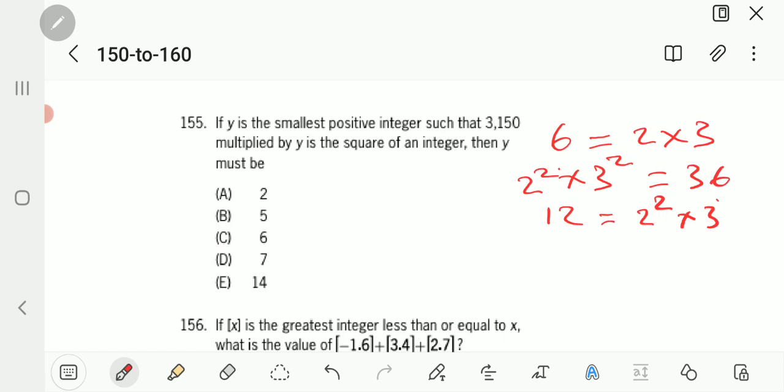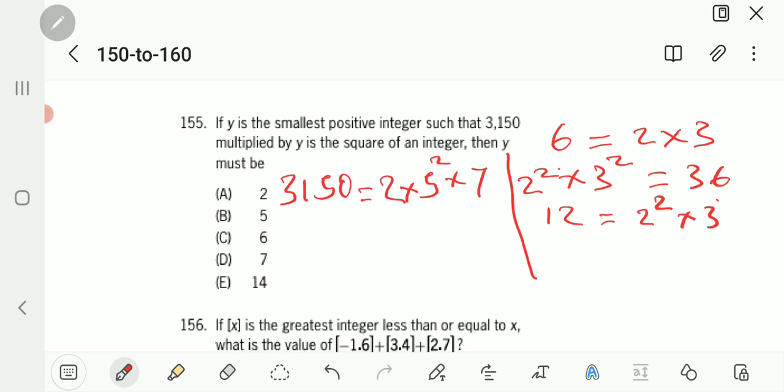In the same way, to make 3150 a perfect square, we need to put it in its prime factorization. What is the prime factorization of 3150? Again, it is 2 times 2 times 5 squared times 7.